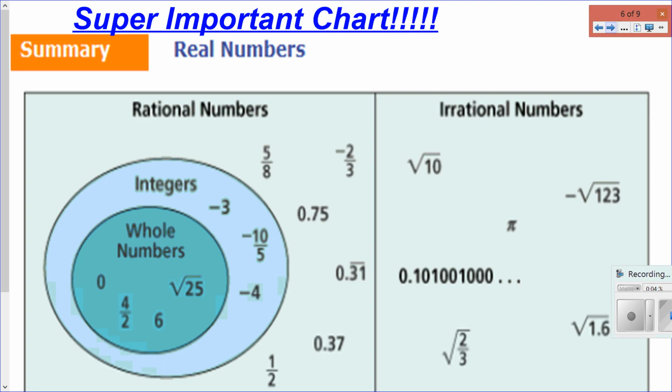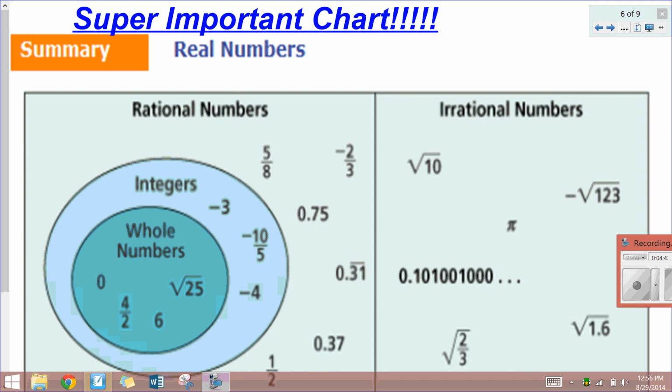So on this chart right here, really important because it's a diagram of all of the real numbers. What it says over here is that all whole numbers are considered integers. The way to think about that is that whole numbers are a subset of integers. Anything that's a whole number can be an integer. There are certain things that are integers that cannot be whole numbers, and those are negative counting numbers.